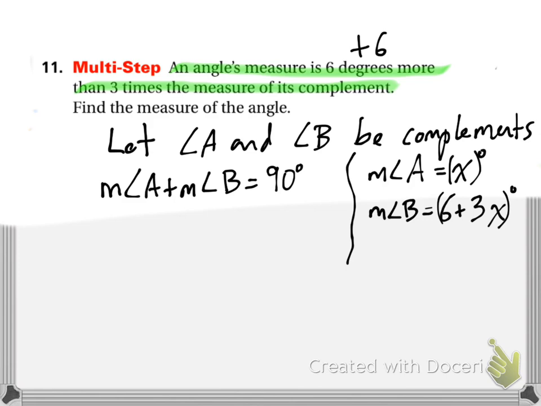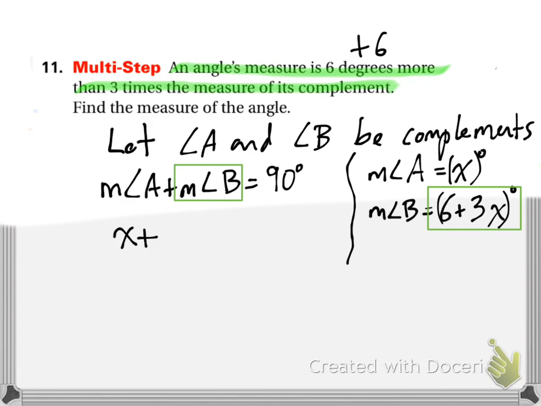So now we use some substitution. We're going to substitute in here for the measure of angle A. We're going to substitute in x. Bring down the plus sign. What are we going to substitute in for the measure of angle B here? Well, what's the measure of angle B equal to over here? 6 plus 3x.